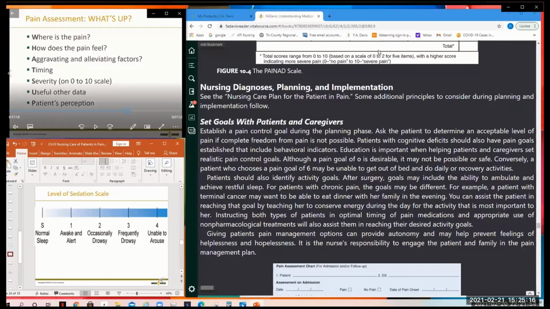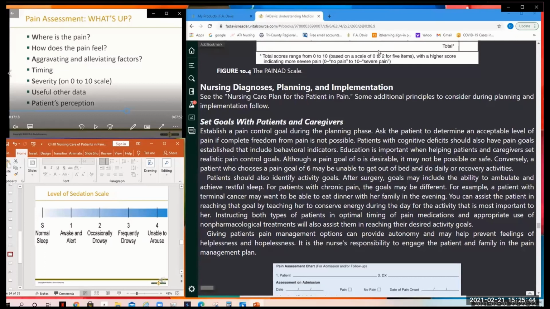Establish a pain control goal during the planning phase. Ask the patient to determine an acceptable level of pain if complete freedom from pain is not possible. Patients with cognitive deficits should also have pain goals established that include behavioral indicators.